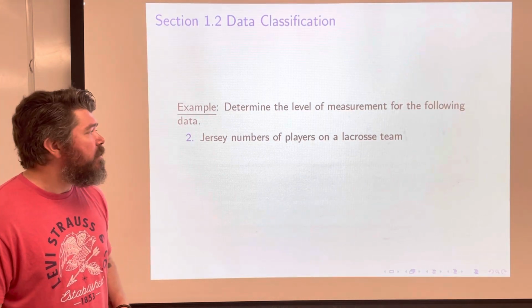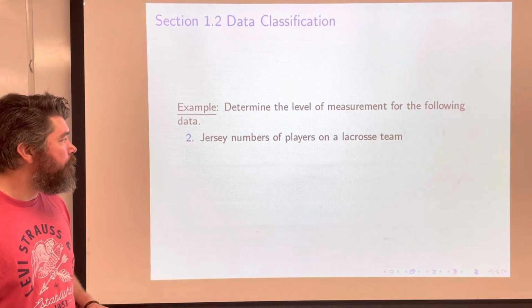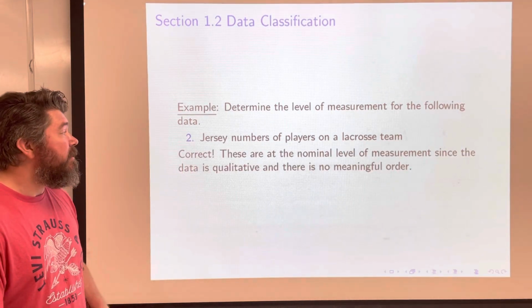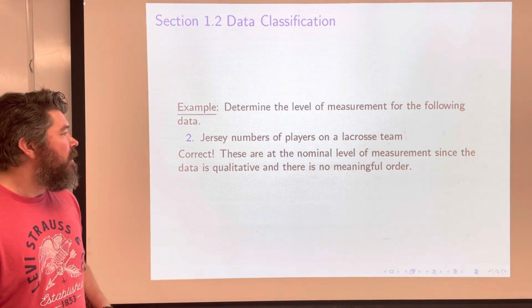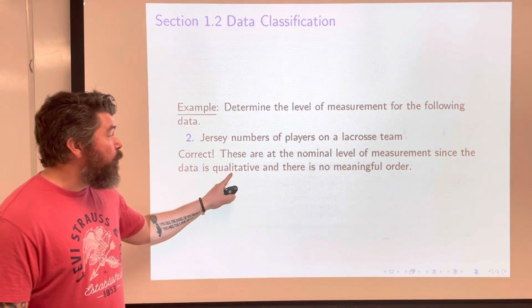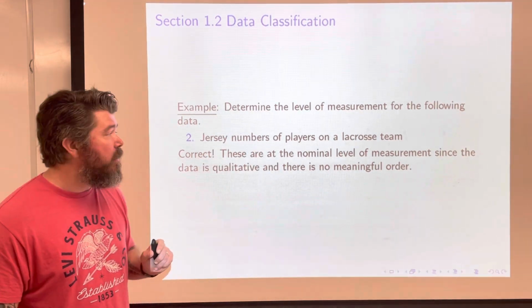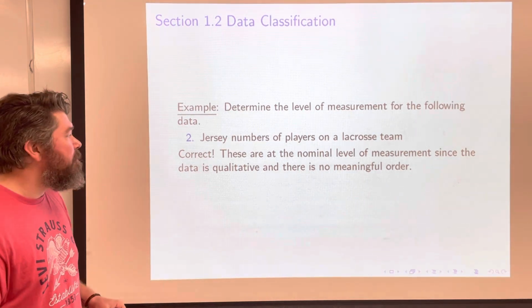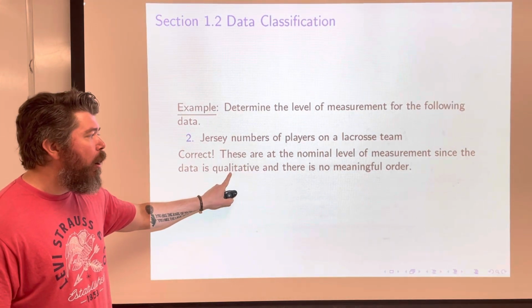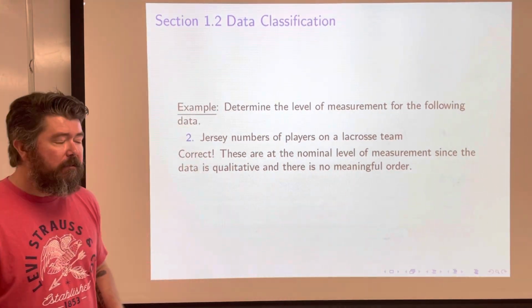Jersey numbers of players on a lacrosse team. Correct. These are at the nominal level of measurement. Since the data is qualitative, remember that even though these are numeric, they're labelings. The number identifies the player. So the data is qualitative and there's no meaningful order.